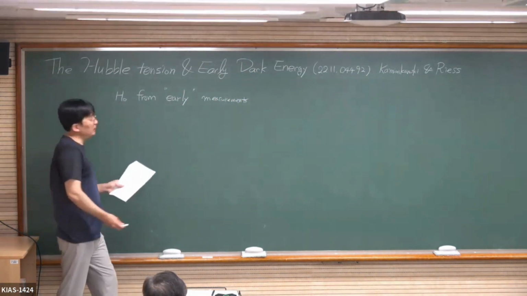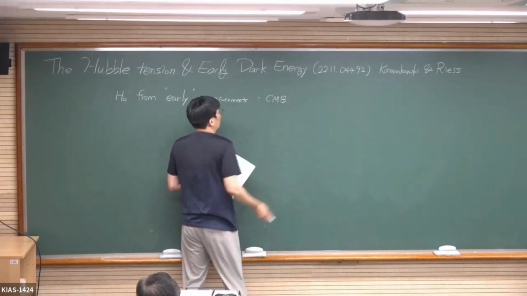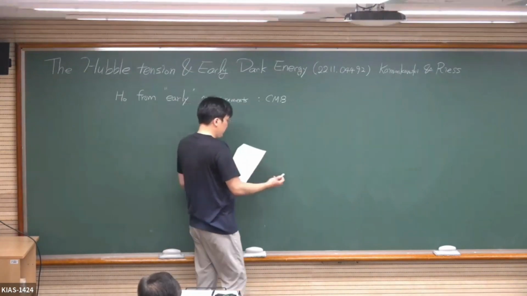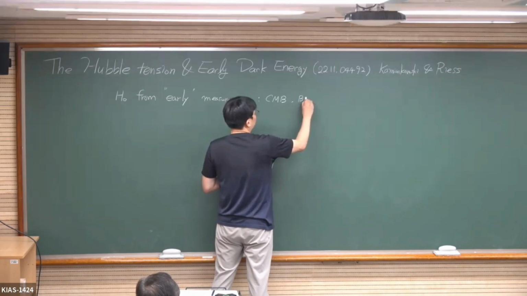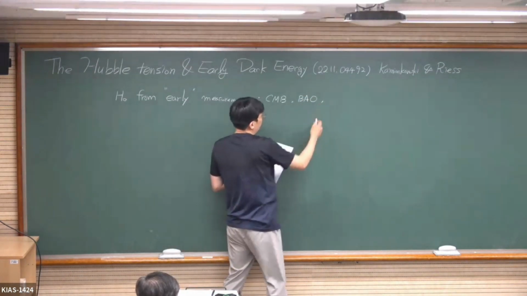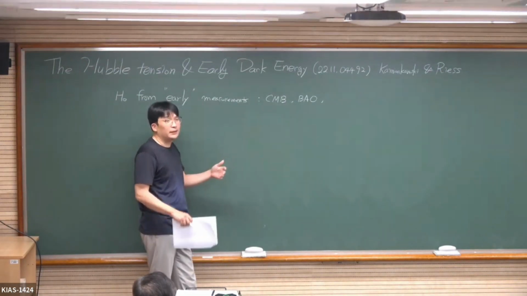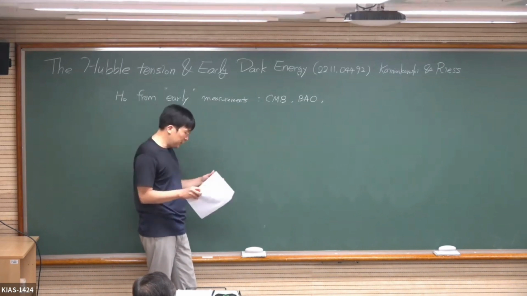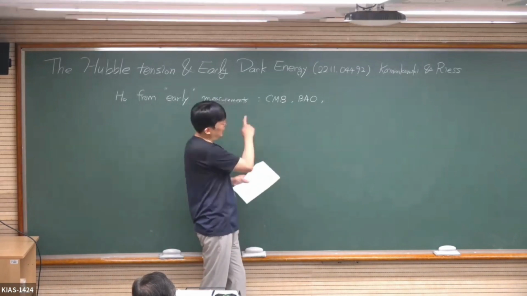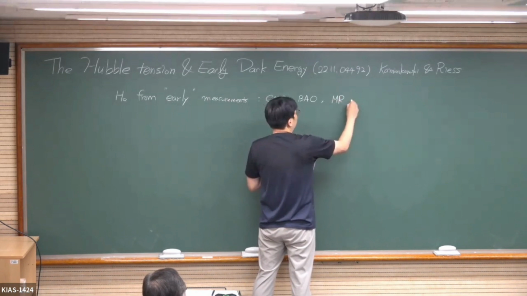These early measurements include CMB, cosmic microwave background. I'll give you more details of how this works later. And baryon acoustic oscillation. Both the CMB and baryon acoustic oscillation rely on the fact that in the early universe we have acoustic oscillation of the baryon-photon plasma. But then there's a third one, which is not related to that, but is called the matter-radiation equality.